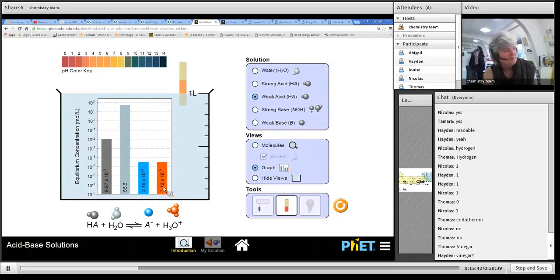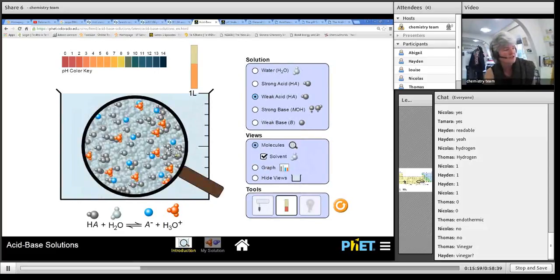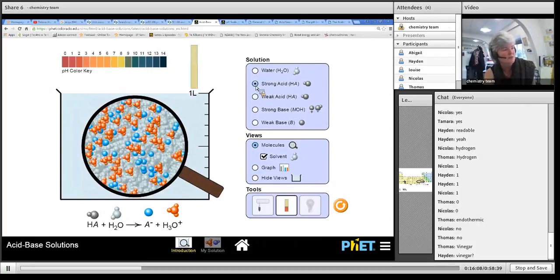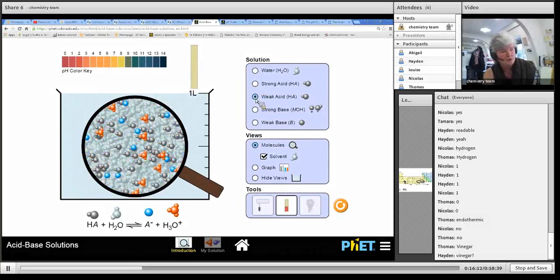I've got fewer hydronium ions, so if I match the color, it's roundabout a pH of 6. I can show that like this, so you can see I've got lots of HA molecules and not as many hydronium ions or anions. So if I flick between there, I've got lots of hydronium ions, there I've got fewer.